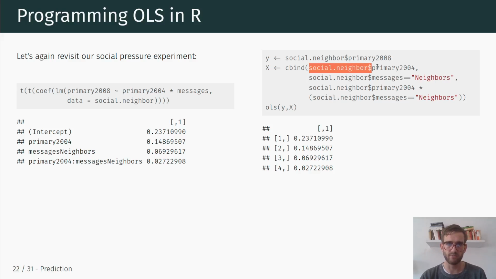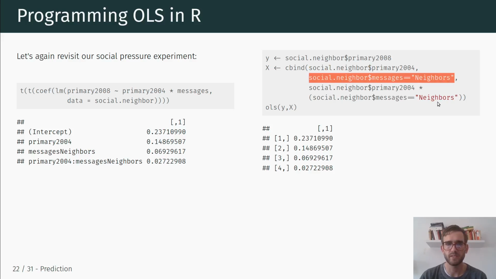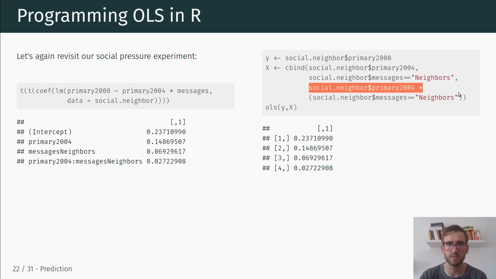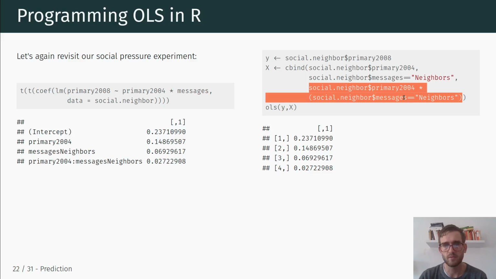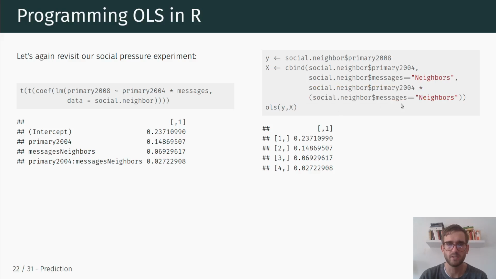We have our first variable, which is the indicator of whether people participated in the 2004 primary. We have our second variable that is the treatment indicator. And then our third column in our X matrix is the multiplication of the treatment indicator and the participation in the previous election. So that's just primary 2004 times this treatment indicator.